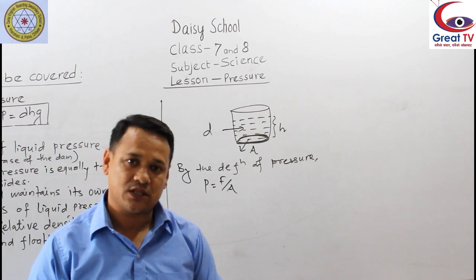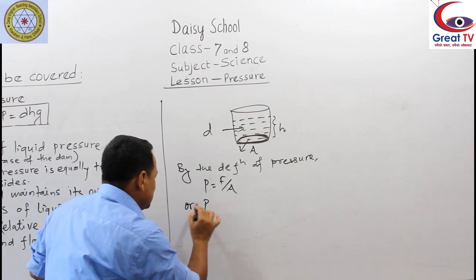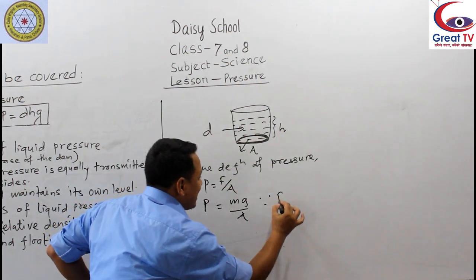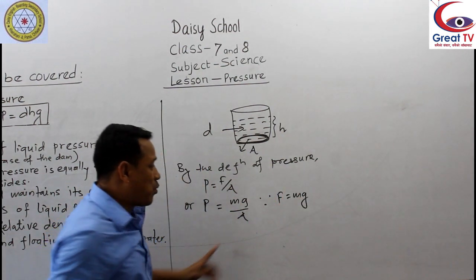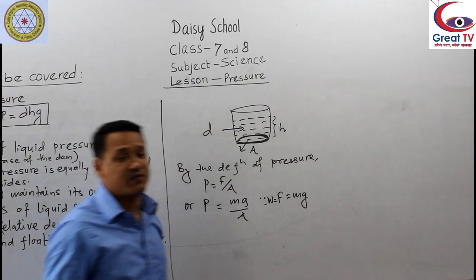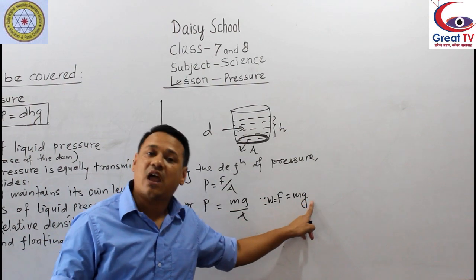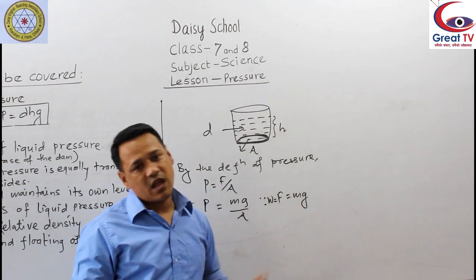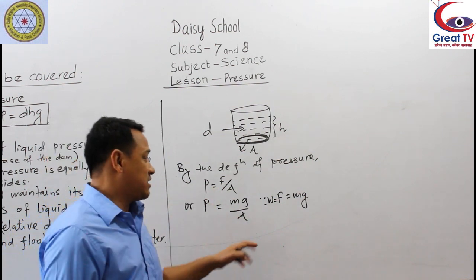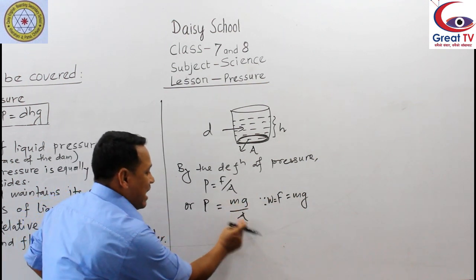So here instead of F we can write m g by A, because F means m g. Weight is the force, and force means m g, where m is mass and g is acceleration due to gravity. So P equals m g by A.